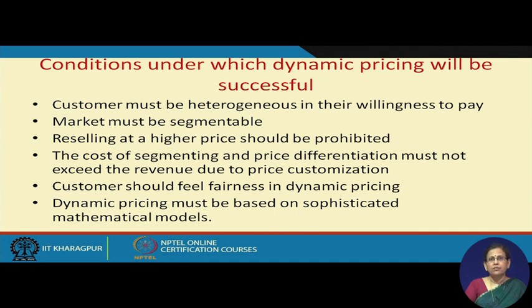Now, the cost of segmentation and price differentiation must not exceed the revenue due to price customization. Here your ICT plays a role. When the price changes, say in case of an airline ticket or in case of an auction on eBay, because it is online, you are immediately informed, and the cost of informing the concerned customers or individuals is not very high.